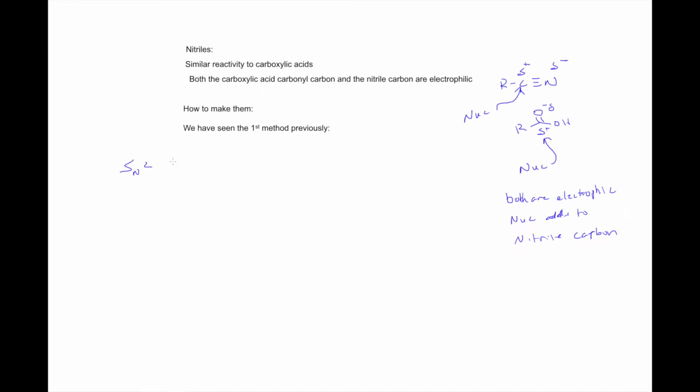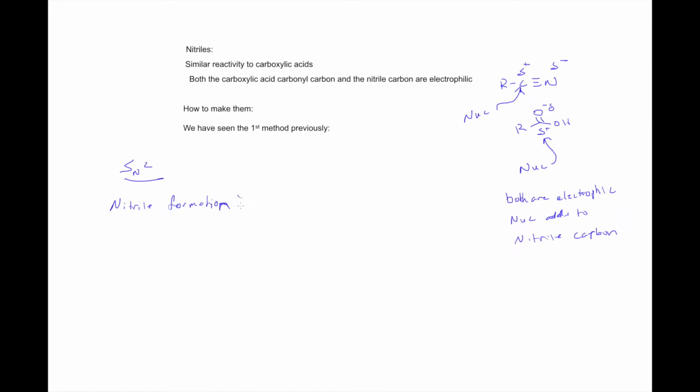So now that we can see how they react in a way that's similar to what we've seen before, we're going to look at how we can make nitriles. The first one that we're going to talk about is one that you've already seen before.